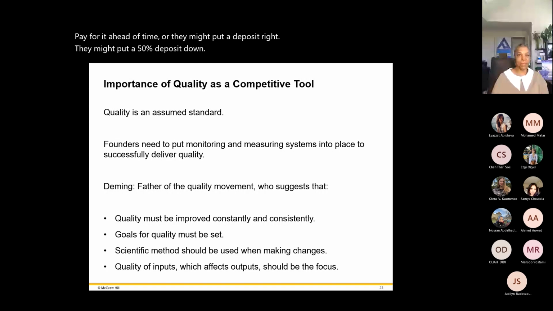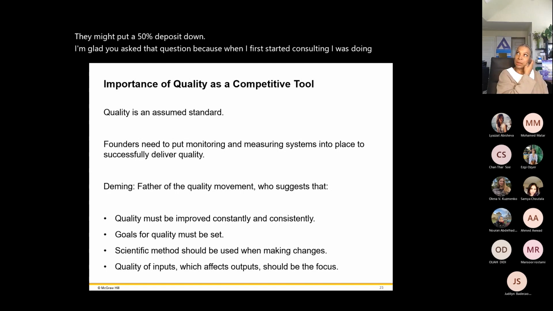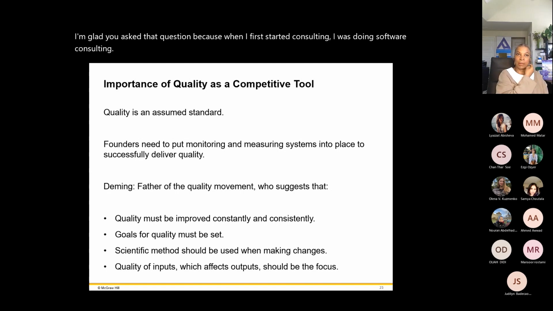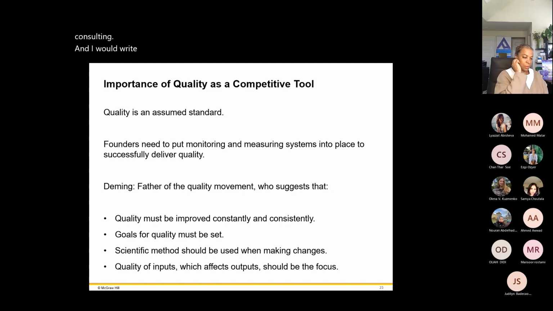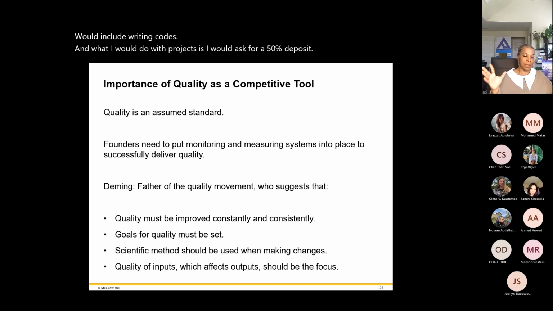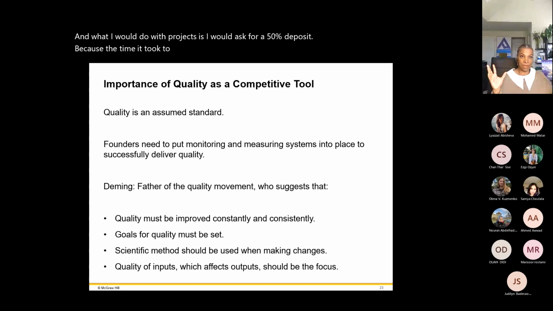I'm glad you asked that question because when I first started consulting, I was doing software consulting, and I would design systems rather, which would include writing code. And what I would do with projects is I would ask for a 50% deposit because the time it took to do this was extensive.